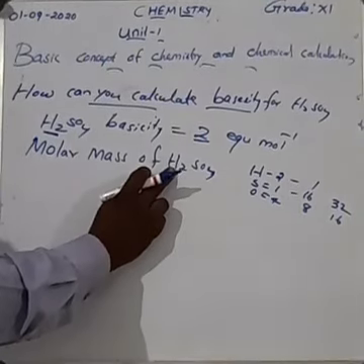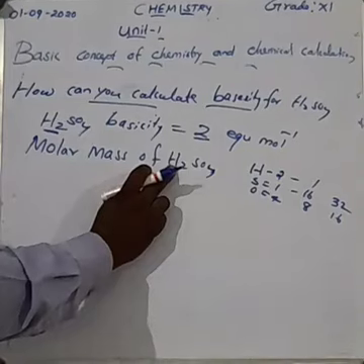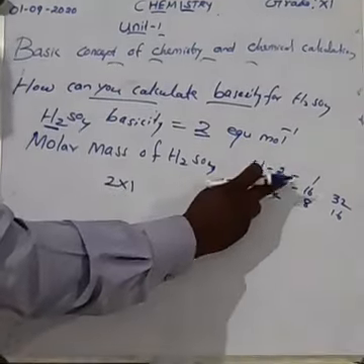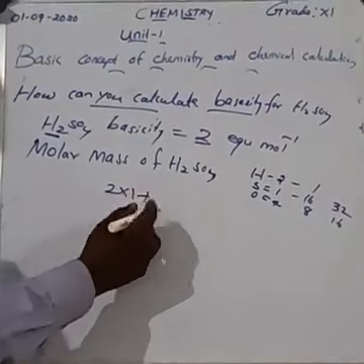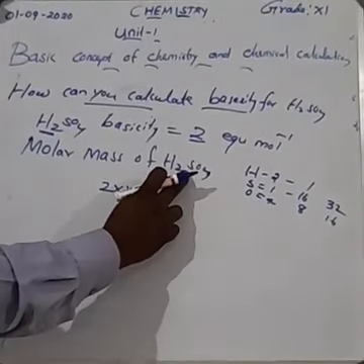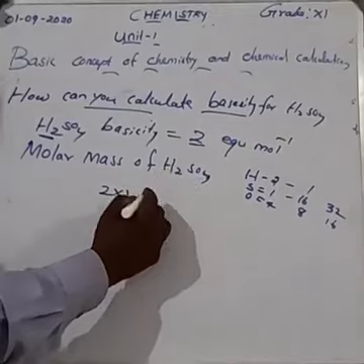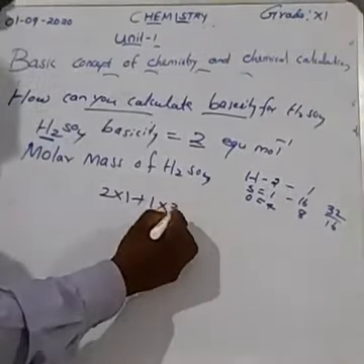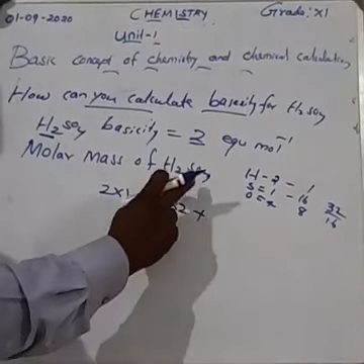So hydrogen, having 2 hydrogens, so first take 2 into 1 because the mass number is 1, plus sulfur. How much sulfur do we have? 1 sulfur. So 1 into mass number 32, plus oxygen.